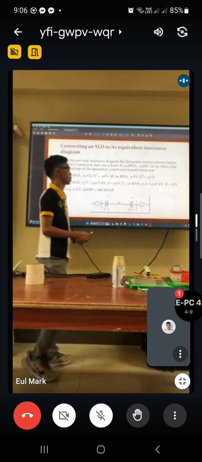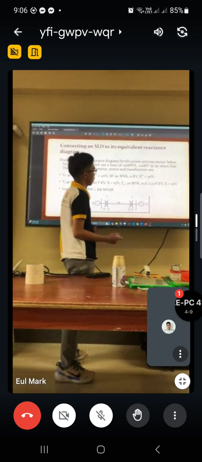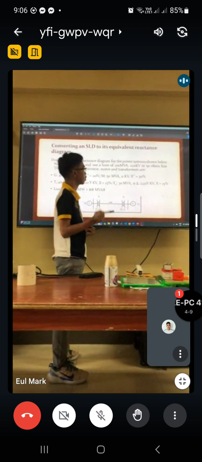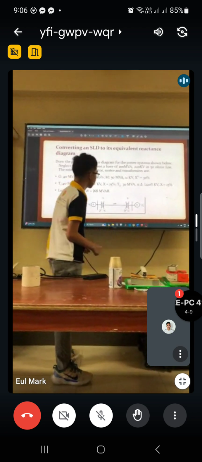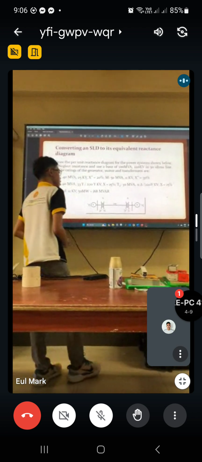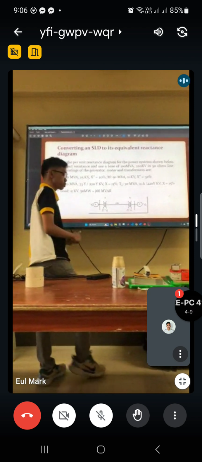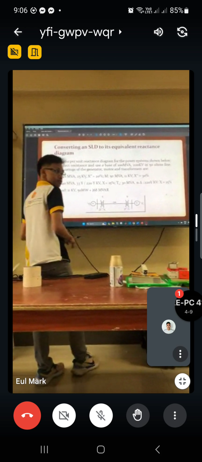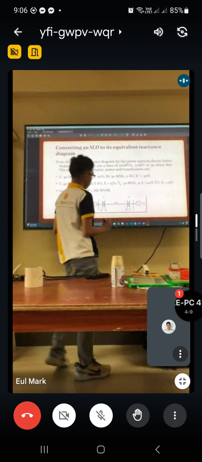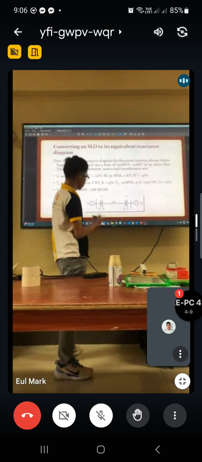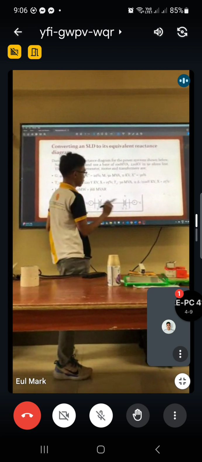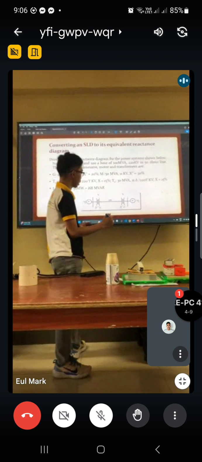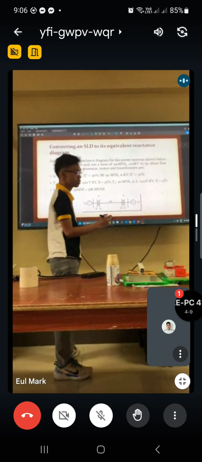Before working, it says here 220 kilovolts and a 50 ohm line. So meaning, the base voltage at the transmission line is 220 kilovolts.